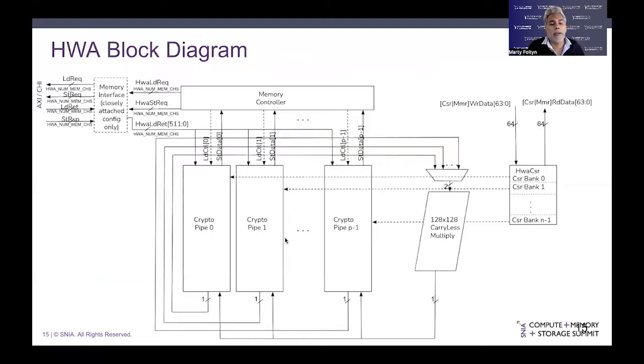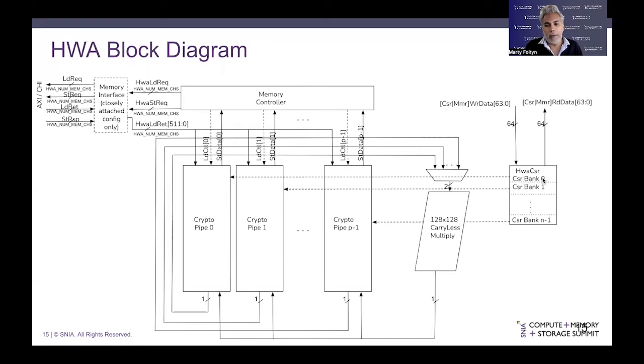Here's a block diagram now going down into the HWA block. This is true for either option, either tightly or closely attached. On the right, there's a CSR bank. So there's one bank per thread, where a thread is a string, which you could associate with a particular command.